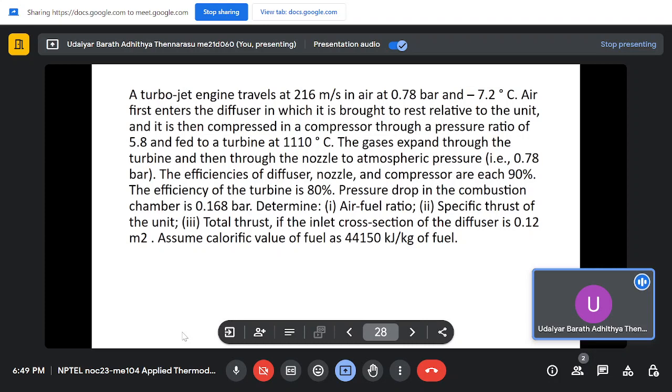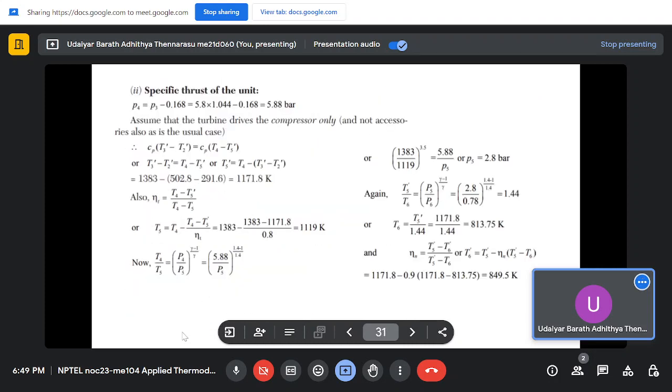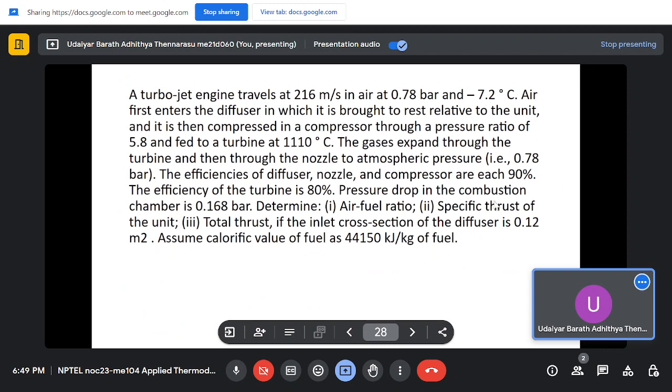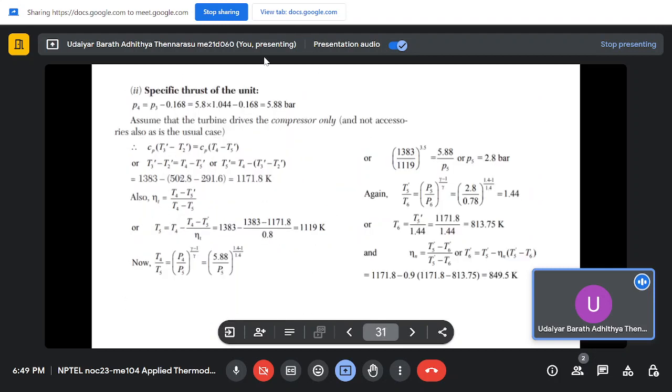The next question is to find out the specific thrust of the unit. In the problem it's given that the pressure drop in the combustion chamber is 0.168 bar. So at state 4, the inlet to the turbine, the pressure is 5.88 bar. Now assuming that the turbine drives the compressor and nothing else, whatever work is generated in the turbine goes into running the compressor.